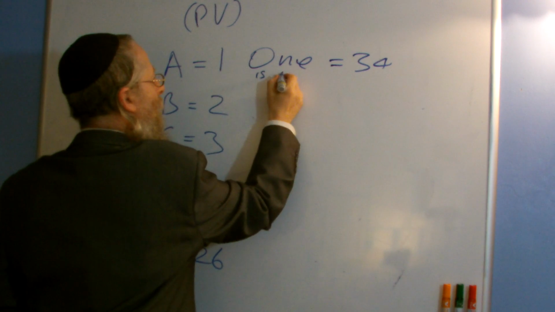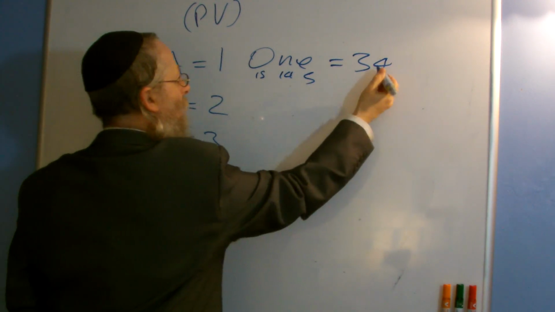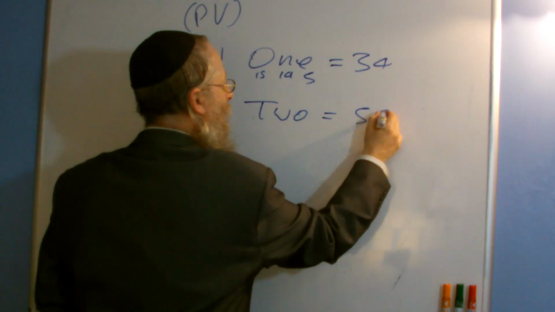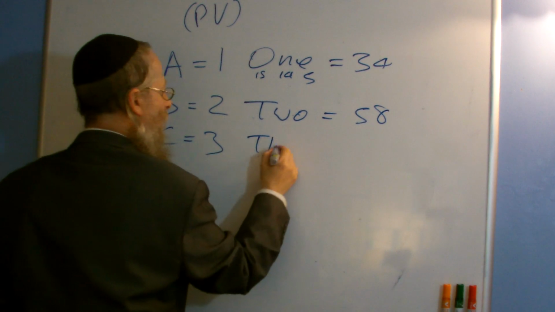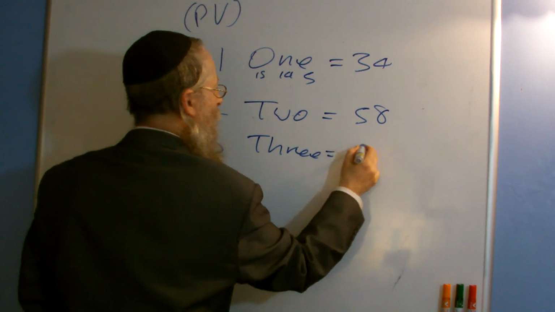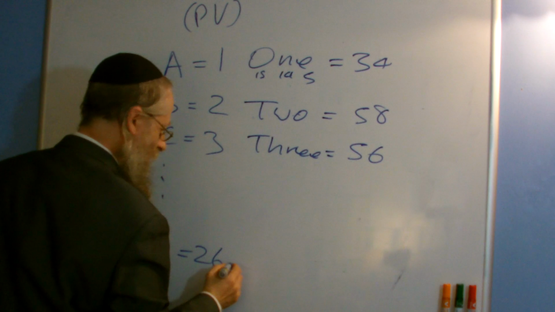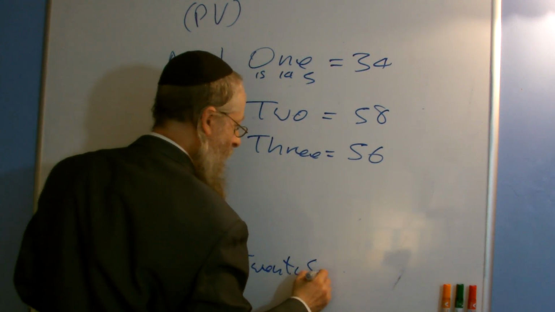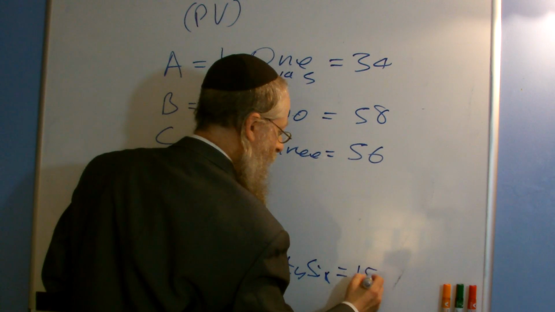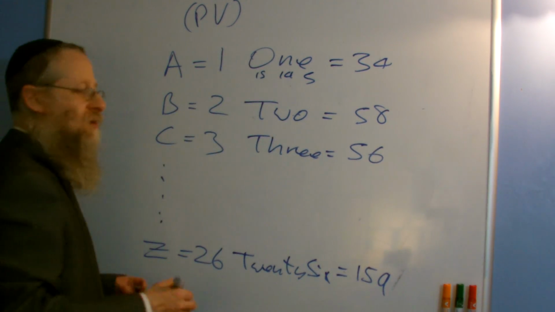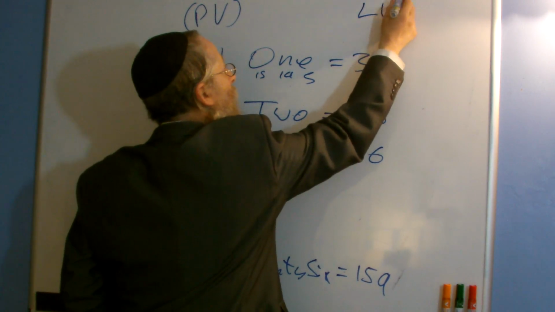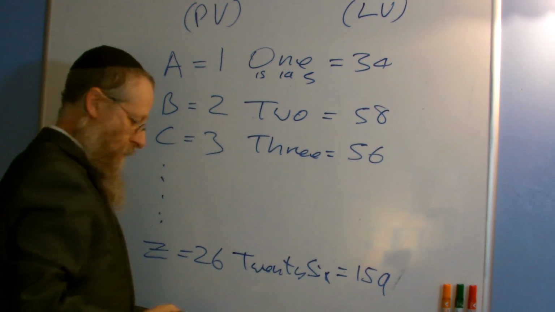That was 15, that was 14, and that was 5, gave me 34. 2, the word 2, is 58. The word 3 we had was 56. We get to 26, so 26 equals 159. So these are bigger numbers, so I call these the LV, large values.